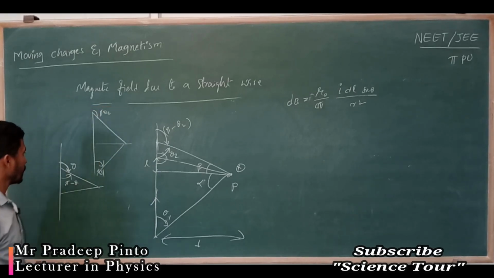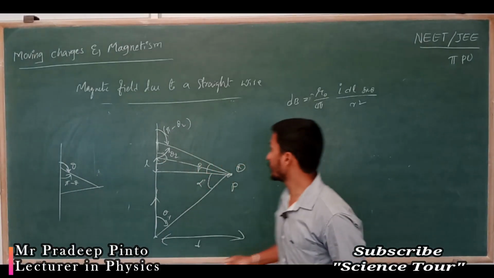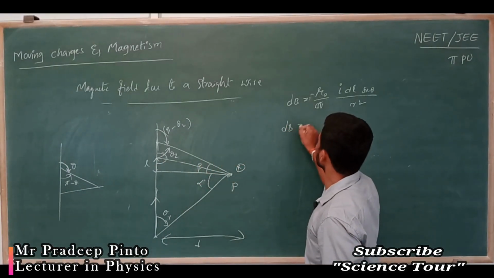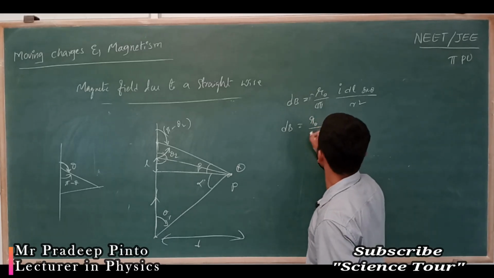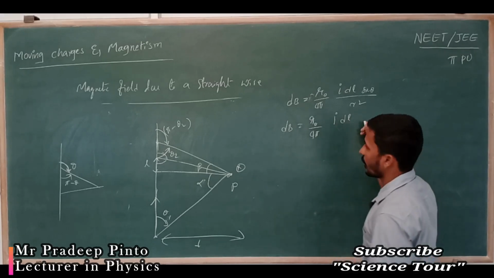So what is the value here? dB is equal to mu naught divided by 4 pi I dl.